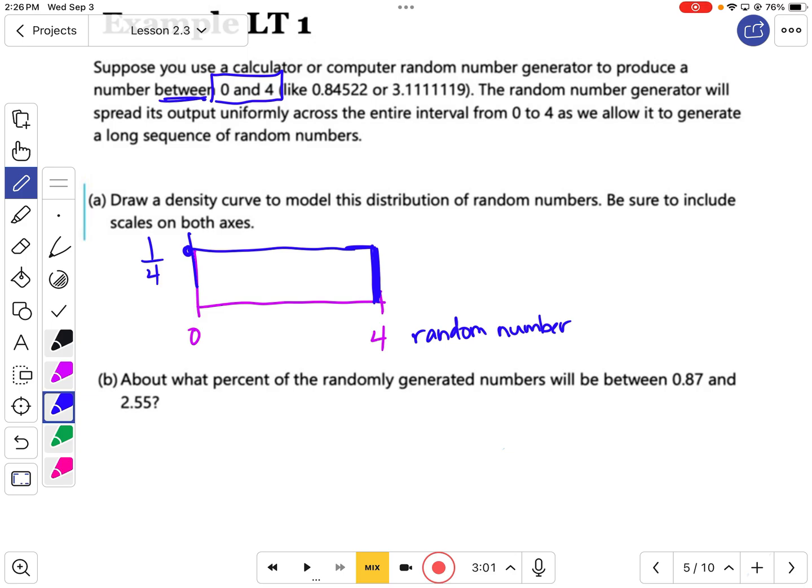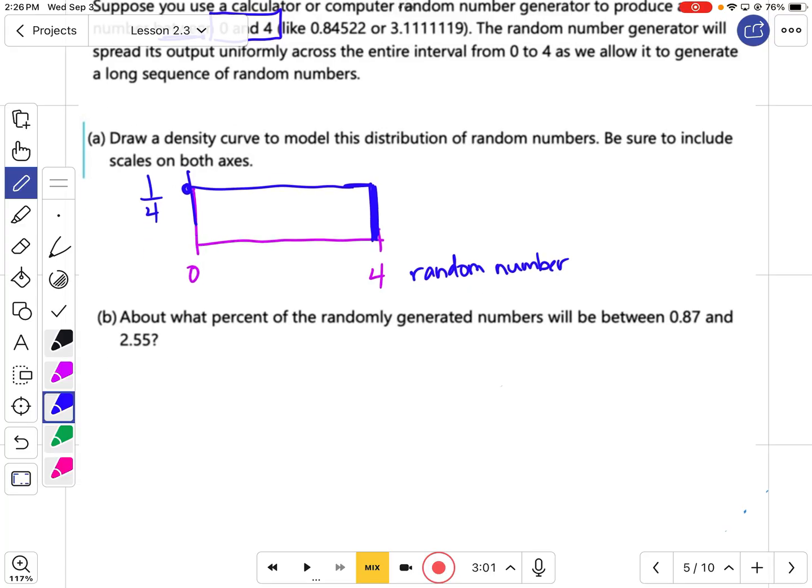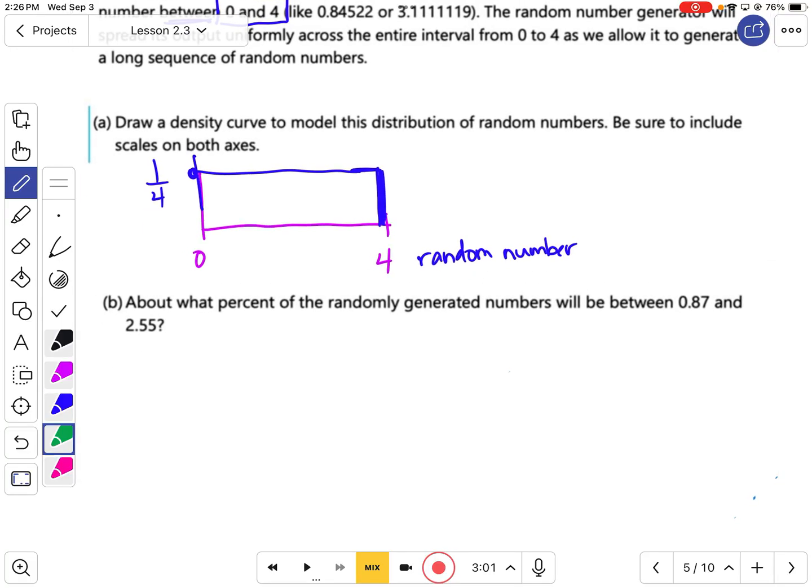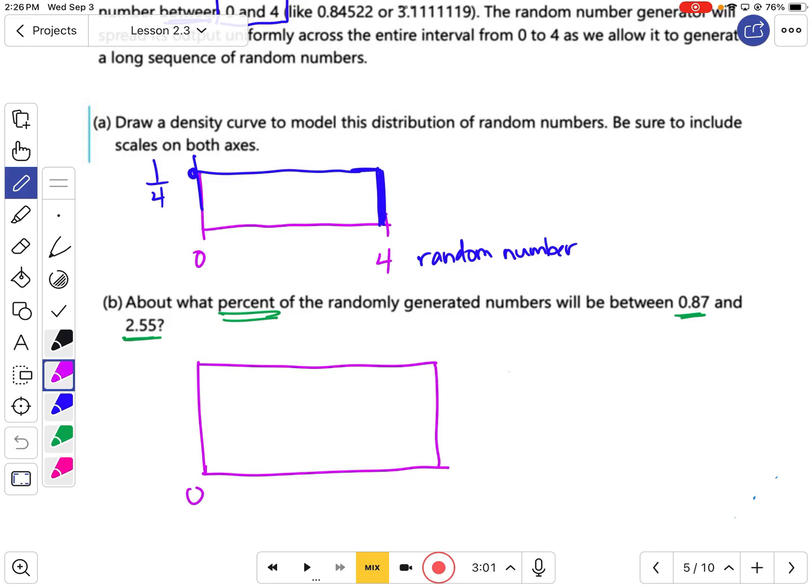Okay. Now, this is where it gets interesting, all right? Because this time it says about what percent of the generated numbers fall between 0.87 and 2.55. So what it's saying is, in this box from 0 to 4 that goes up to 1/4, how much is between 0.87 and 2.55?